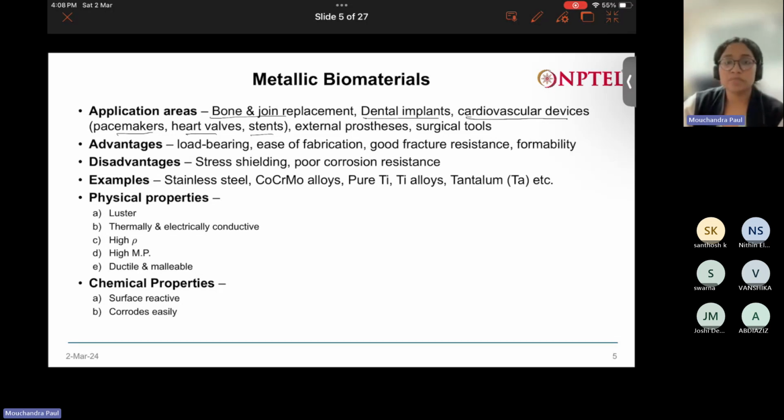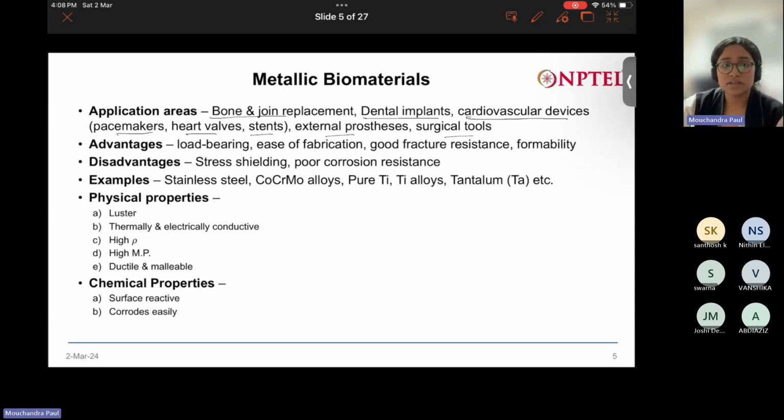Those are also made of metals, and the surgical tools used during surgery are also made of metals. The material used to make these tools or implants should be biocompatible. It shouldn't harm the host.